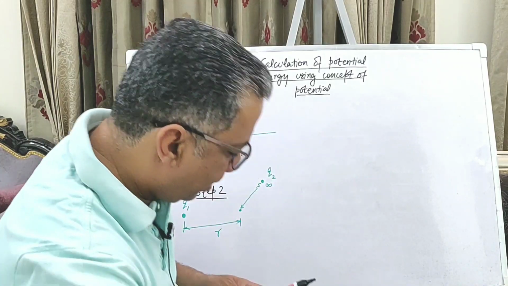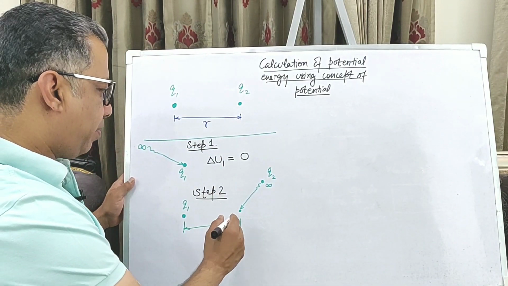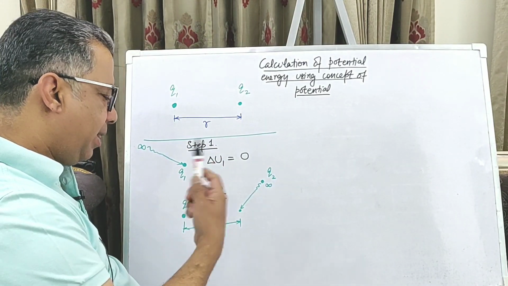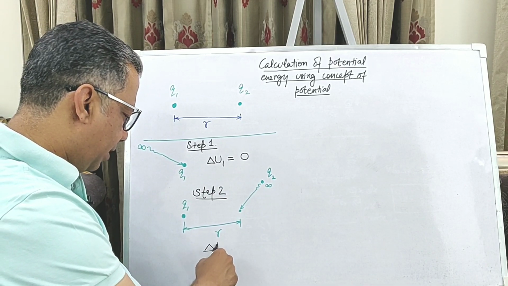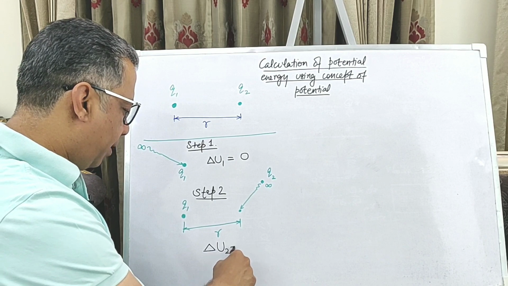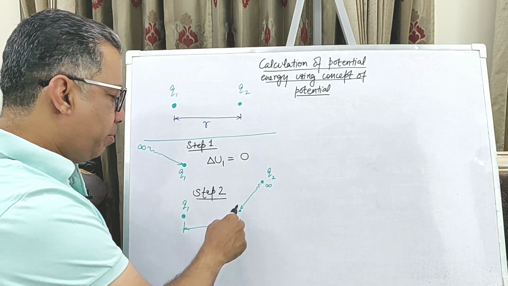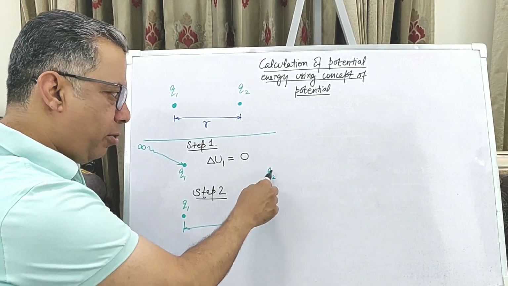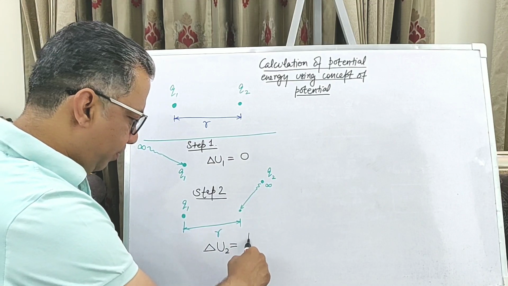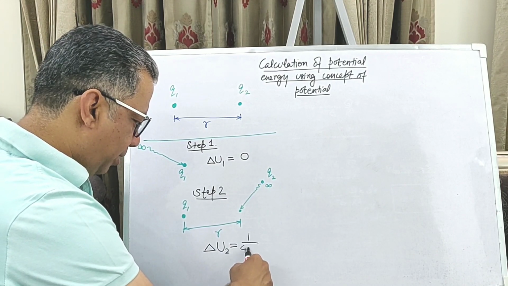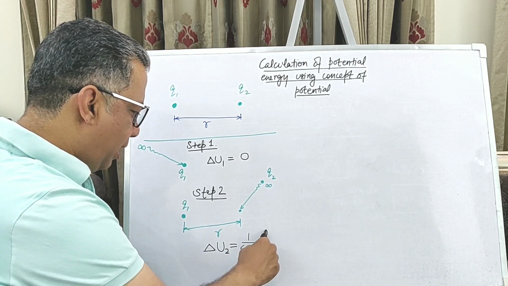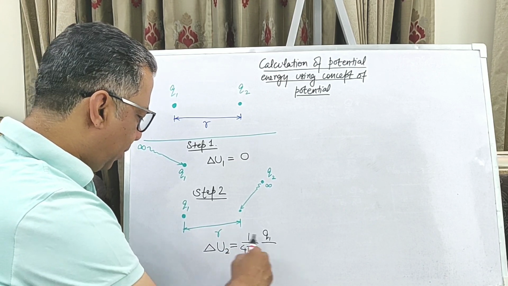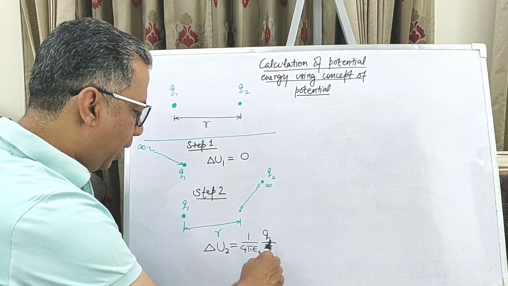In this step, again there is a change in potential energy, let's say delta U2, and that would be equal to the potential at this point before the introduction of charge Q2. And what was that potential? 1 by 4 pi epsilon naught Q1 by r.